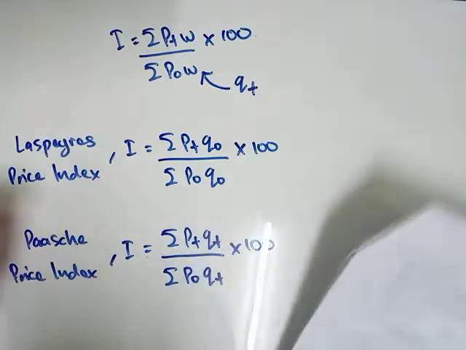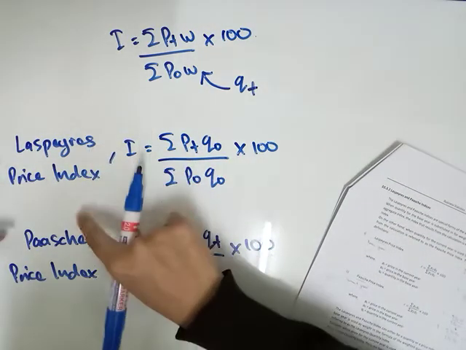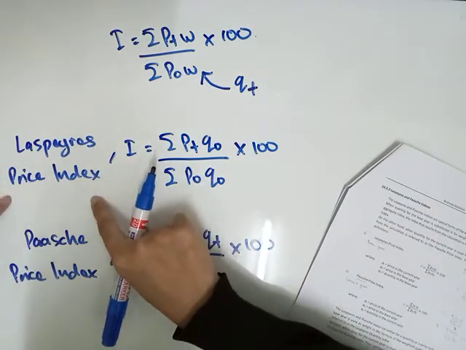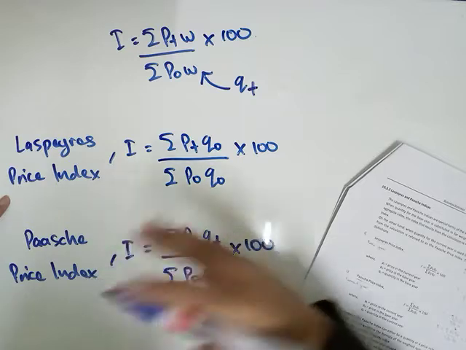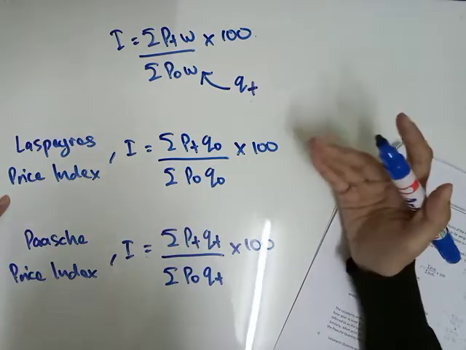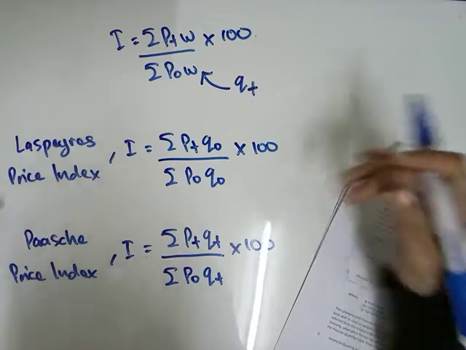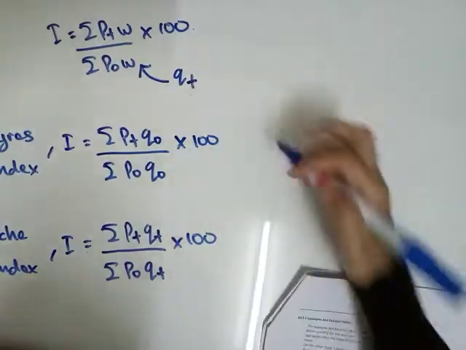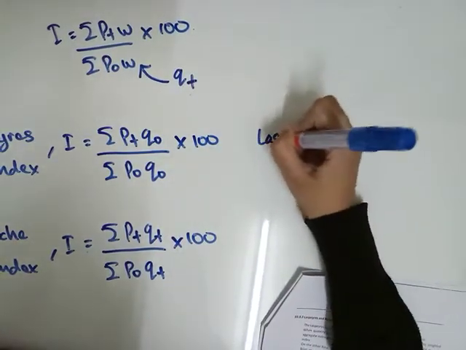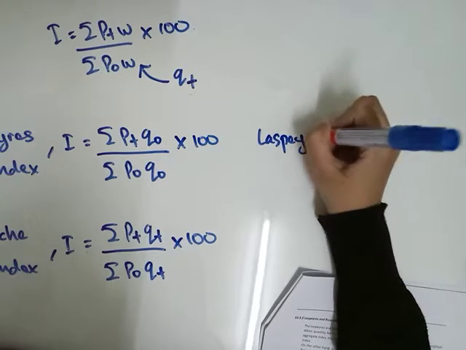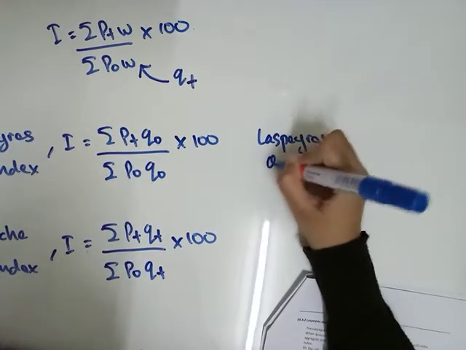That means when we have Laspeyres and Paasche for price index, it means we have another Laspeyres for quantity index and Paasche quantity index. Okay, so Laspeyres quantity index.